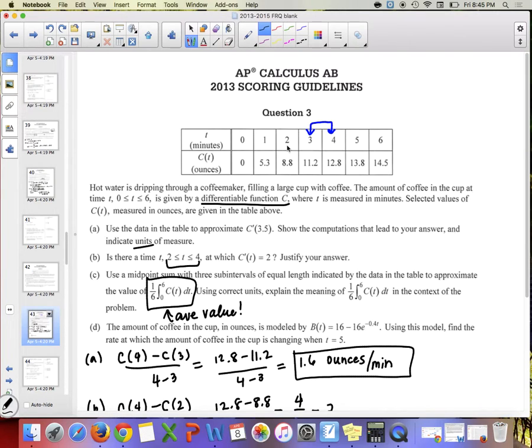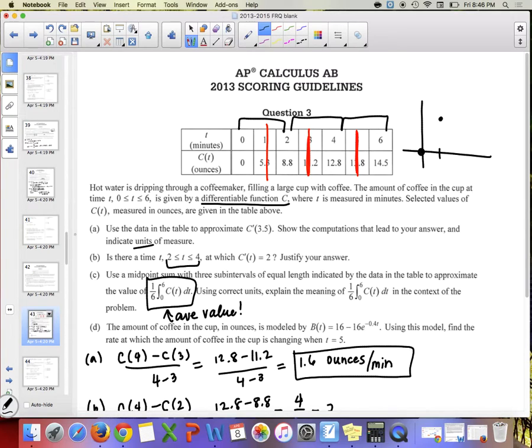So we're going to break it up from 0 to 2, and then 2 to 4, and then 4 to 6. So I'm ignoring this value and this value. If I was doing a little rough sketch of what's going on, I have the point 0, 0.